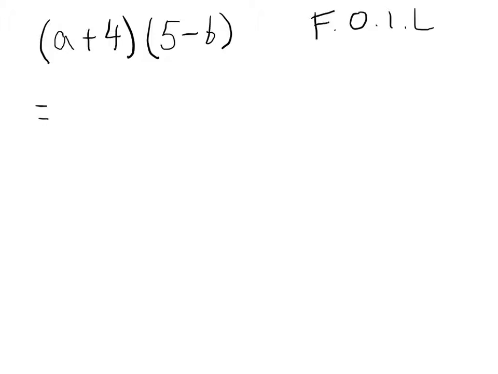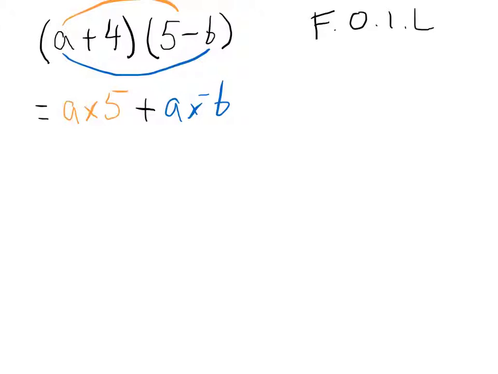So let's start off with first in each bracket, a times 5, and then we add on the outer ones, a times negative b, always keeping the negative with the thing it's attached to, and then the inside ones, 4 times 5, and finally the last in the pair of brackets, 4 times negative b.